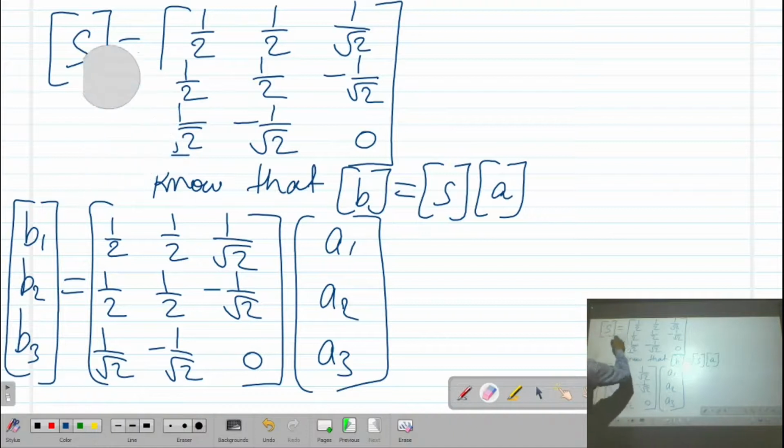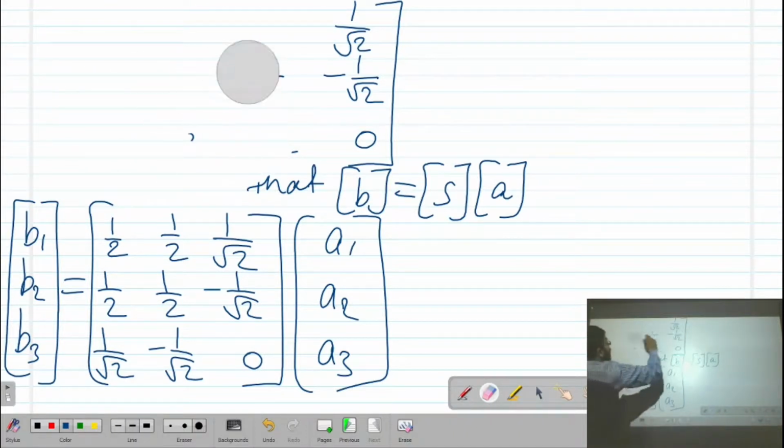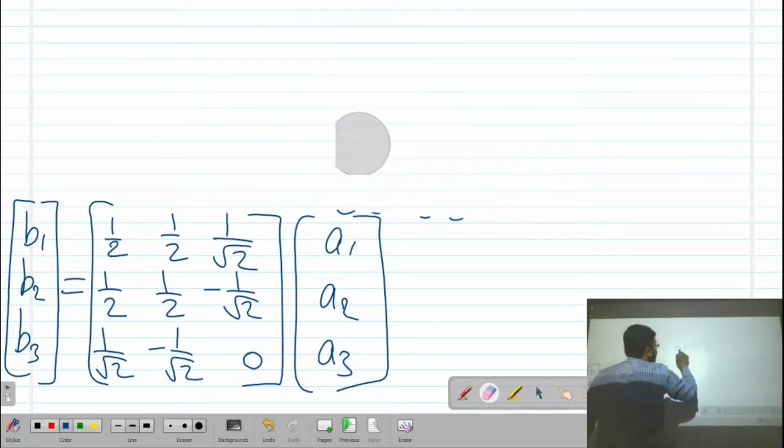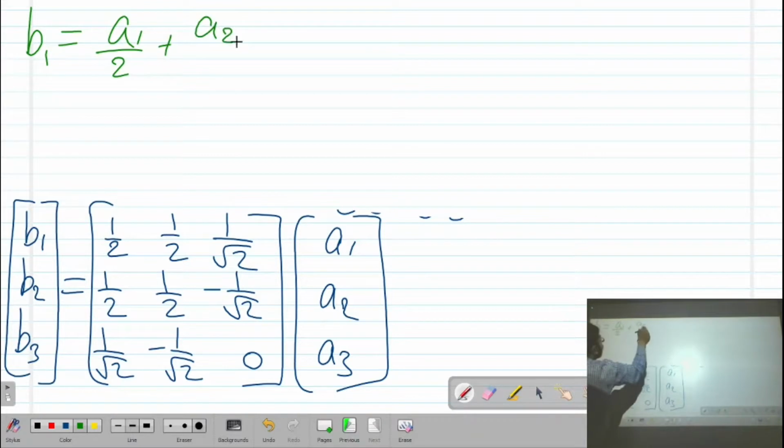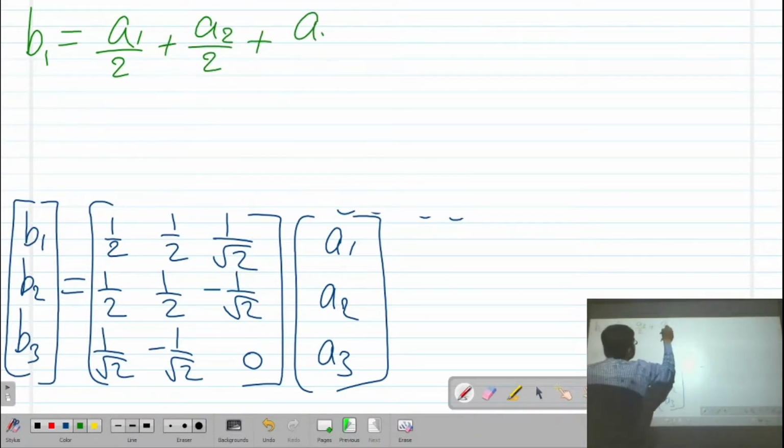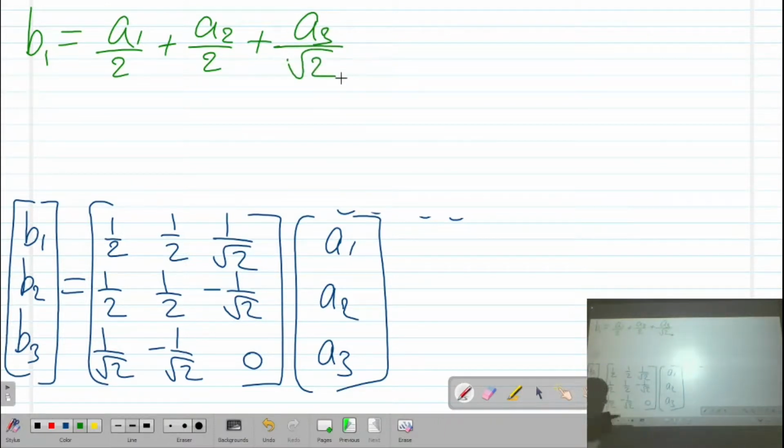Now, obtaining the equations for B1, B2 and B3, we will get B1 is equal to A1 by 2 plus A2 by 2 plus A3 by root 2. Okay? B1 is obtained from the first row.